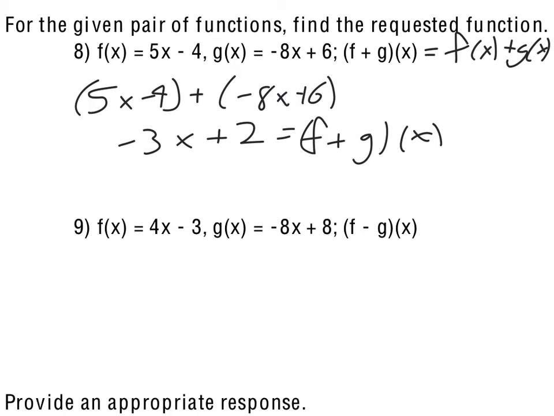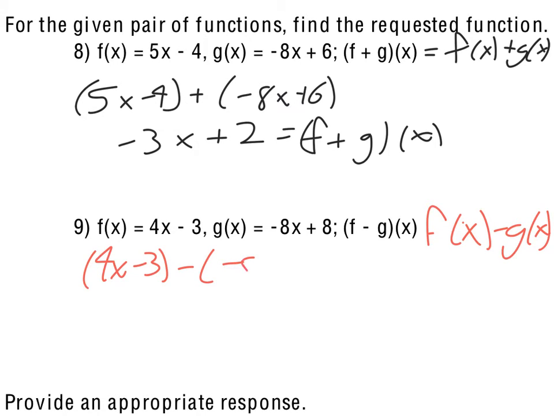For number 9, same kind of idea. We get our f of x and our g of x, but now we're looking for f minus g of x. So again, that's really f of x minus g of x. So I take my function for f of x, the 4x minus 3, and I subtract from that the negative 8x plus 8.